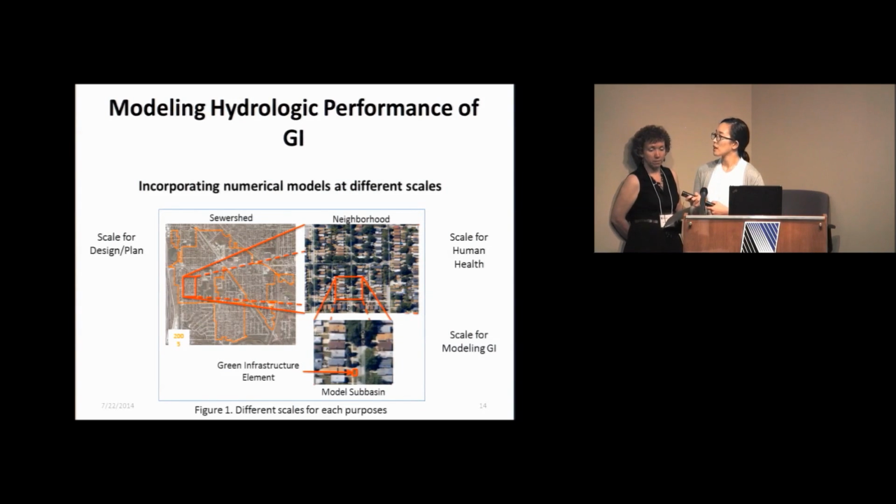And we also typically use this type of site-scale design tools or catchment scale lumped parameter stormwater models such as SWMM or HEC-HMS that do not represent the detailed site-specific process of multiple green infrastructure.